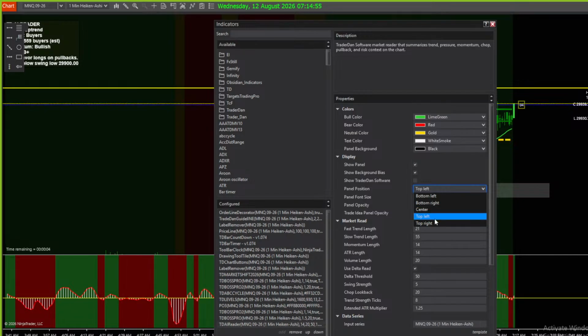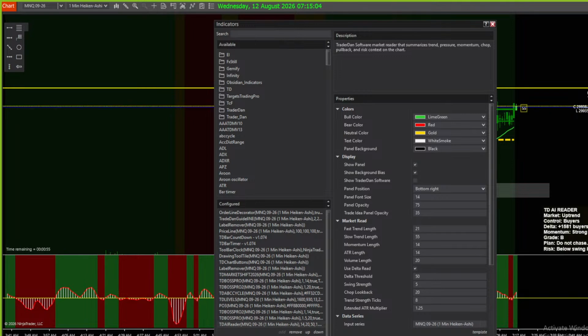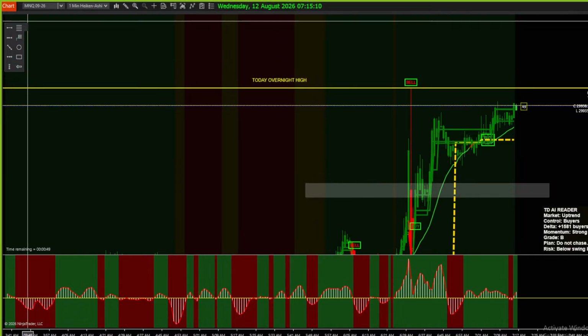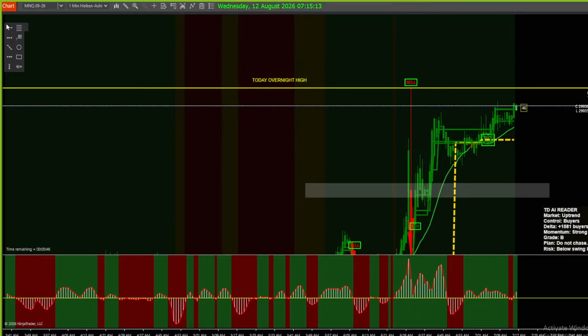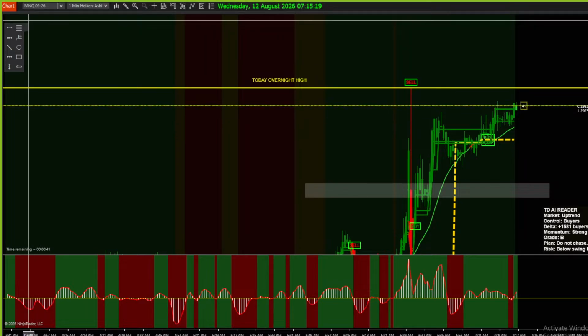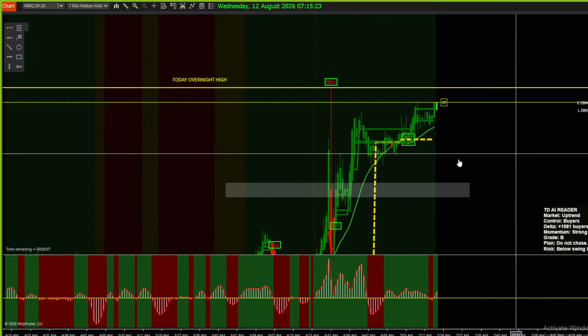Wonder why I can't. Maybe it's because it's on it. What about bottom left? Bottom right. That'll be okay. Let's see. Can I move this now? We'll leave it on there. That's not hurting anything right there.